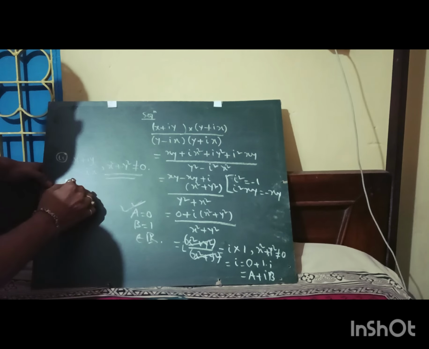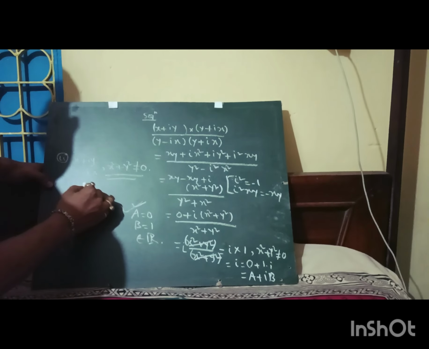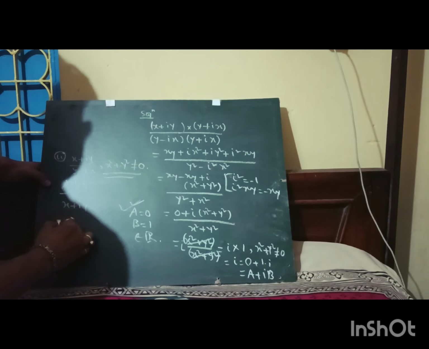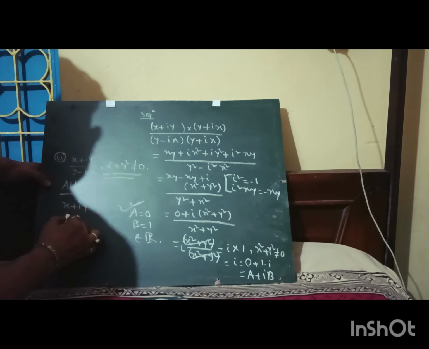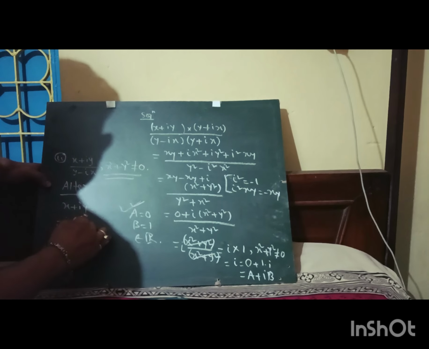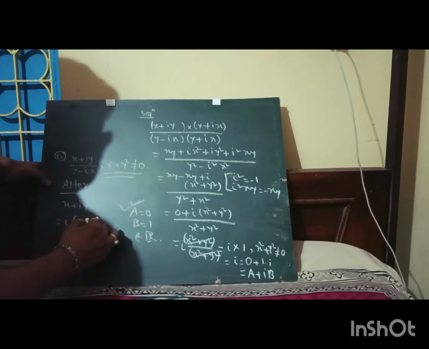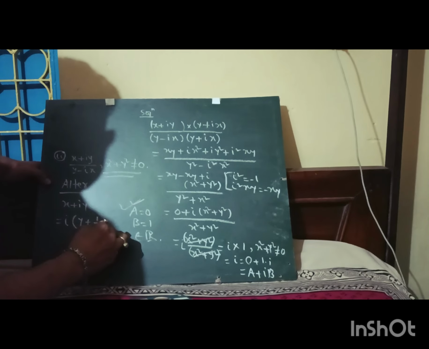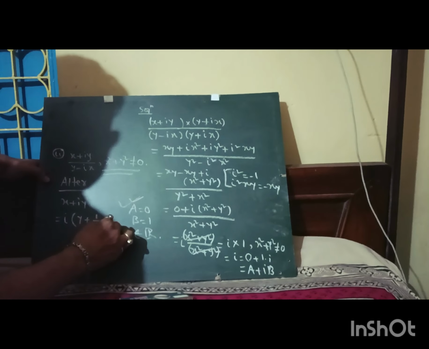Alternative method. There is an alternative method: in the numerator x plus iy, if we take i common, then I get i times (y plus 1 by i into x).